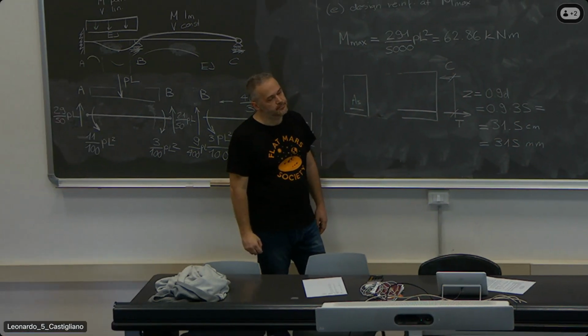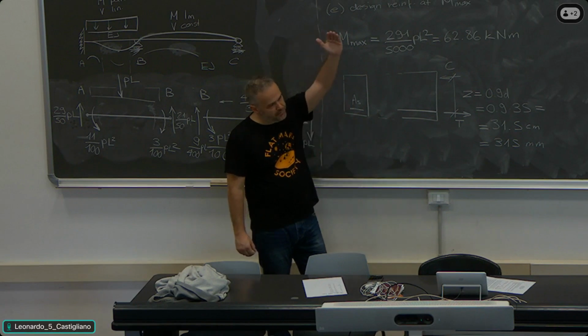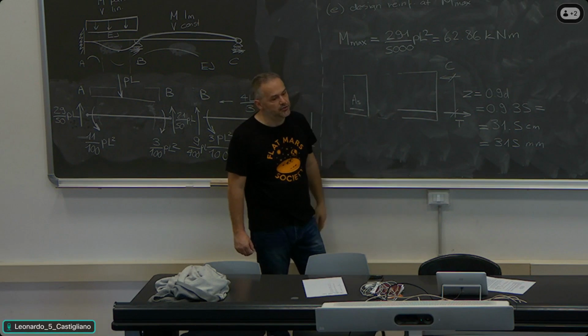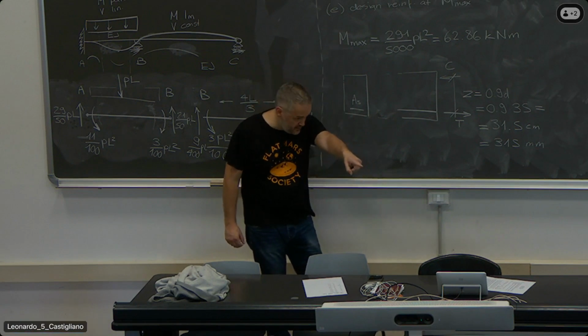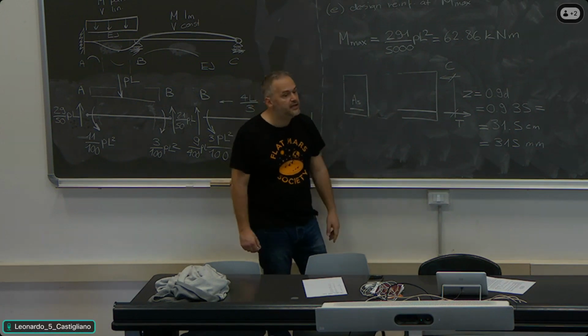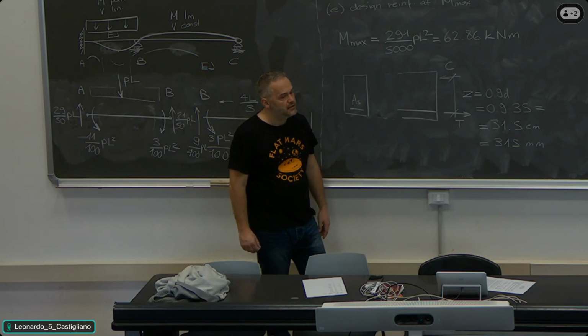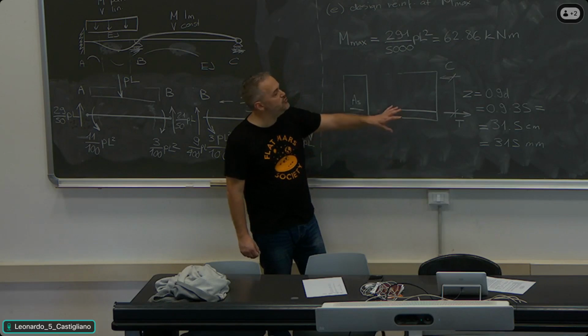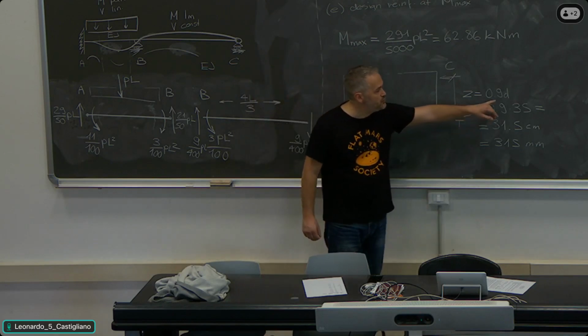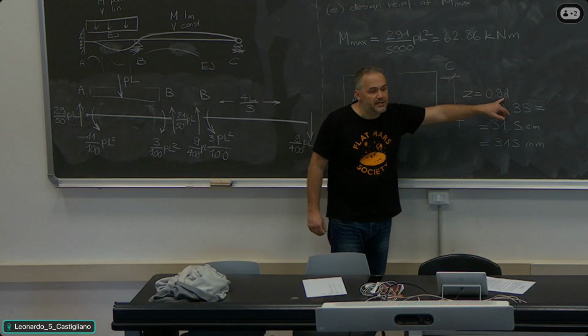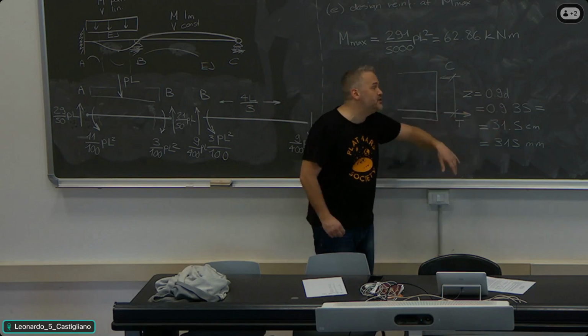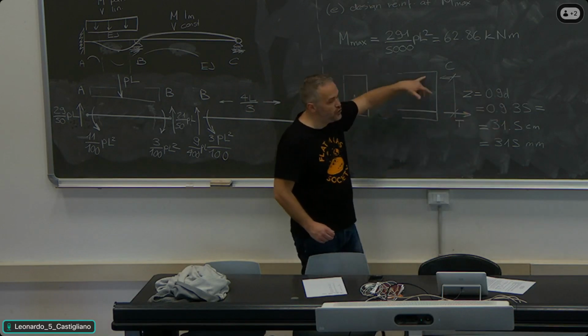The D is all the distance of the beam? All the distance of the beam does not make sense. It's the distance between the top fiber and the reinforcement at the bottom. No. If you go back to the theory, you will see that we usually refer to this D, called effective depth, exactly because we don't care how much the total depth is.